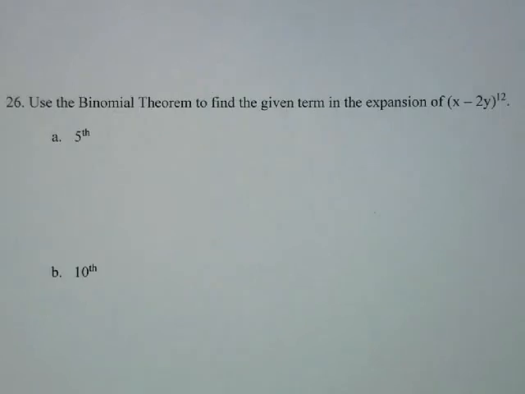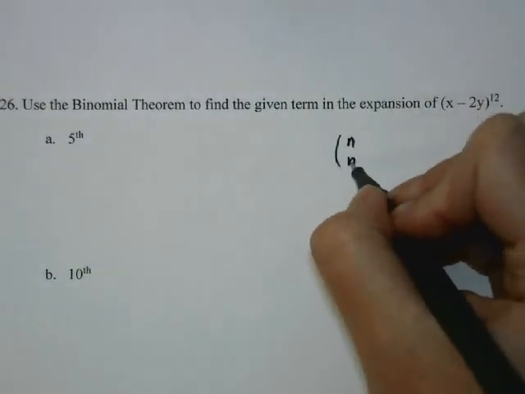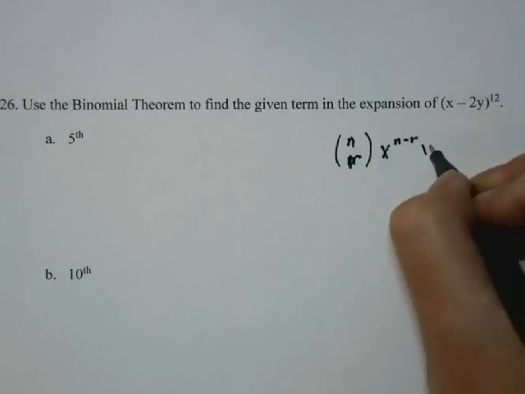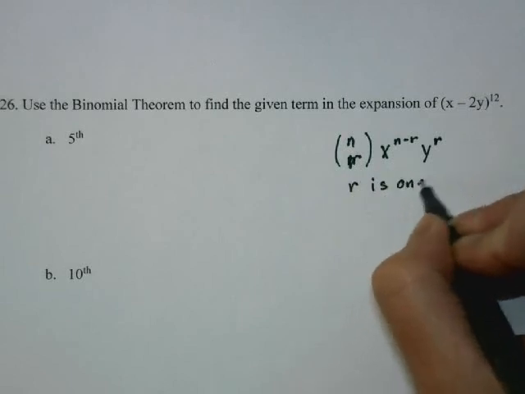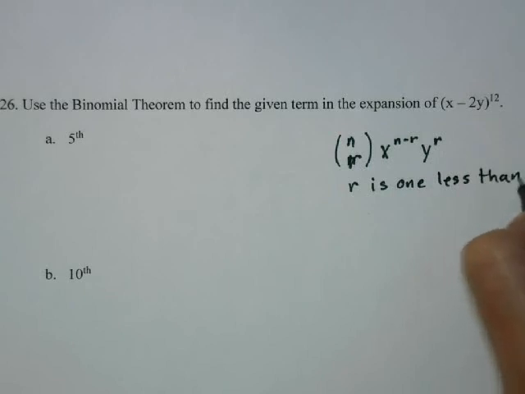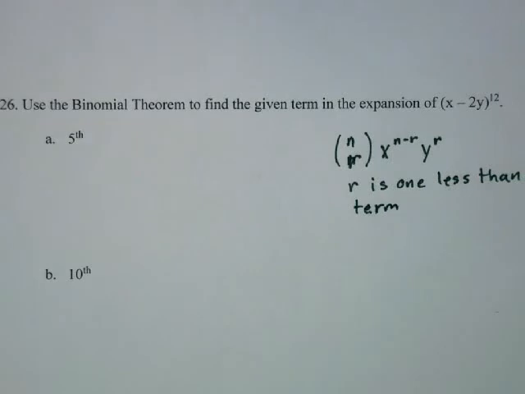Okay. Last thing we're going to do here is the specific term of a binomial expansion. The formula is nCr, x to the n minus r, y to the r, where r is one less than the term we want. So for this first one, the n is going to be the power, so that's going to be 12.